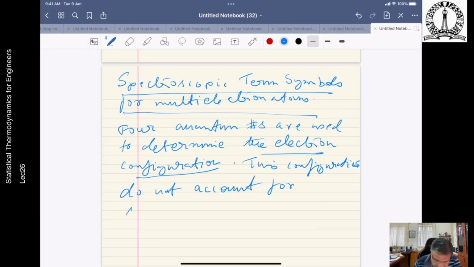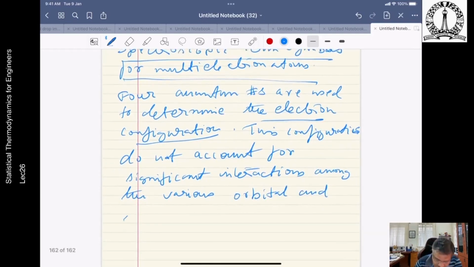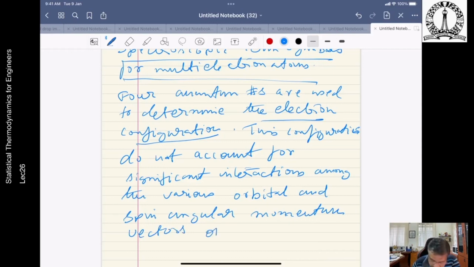significant interactions among the various orbital and spin angular momentum vectors of a multi-electron atom.